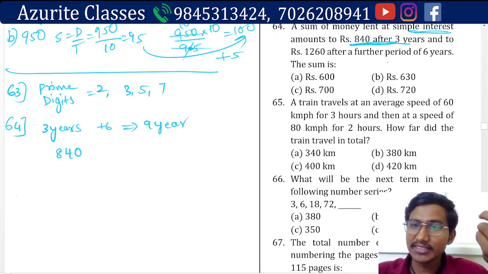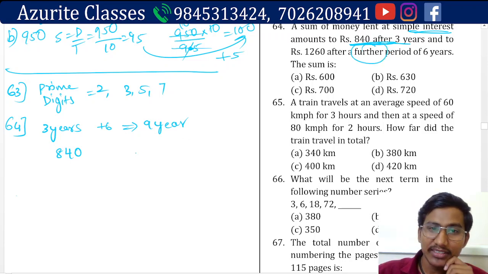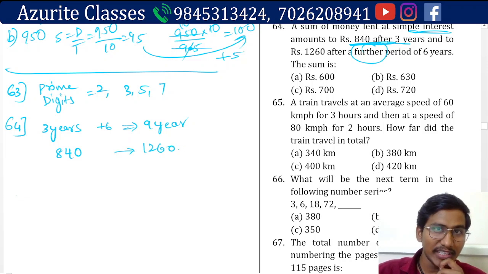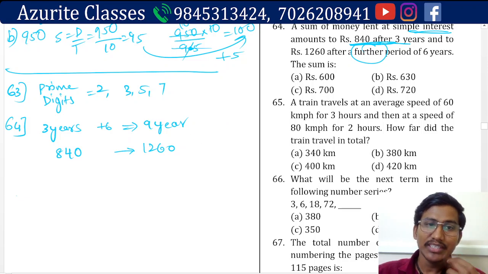Further 6 years means 6 more years. So it is becoming 1260. The difference will be 6 years. So 3 years it is this much, and 9 years it becomes this much.